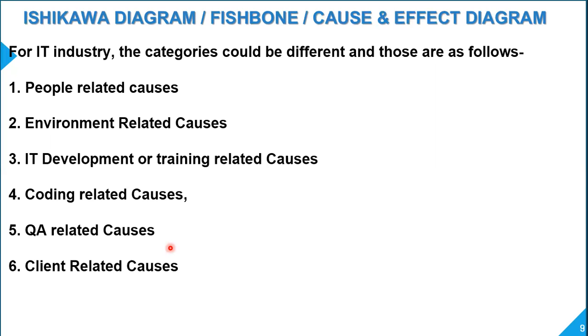To sum up, for the IT industry we may not necessarily use the same categories which we use for the fishbone diagram in the manufacturing industry. For the IT industry, these are the probable categories under which we can segregate the causes: people related, software environment related, IT development or training related, coding related, QA related, and client related causes.